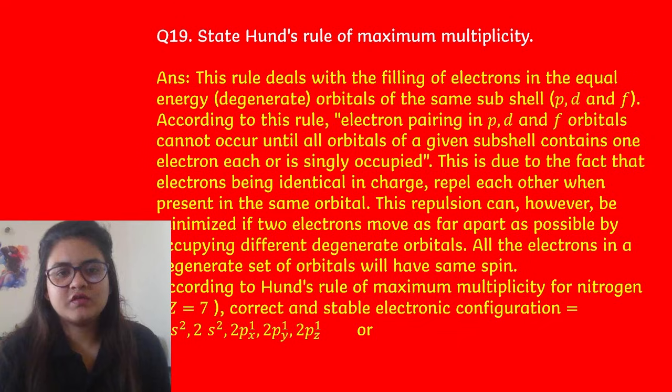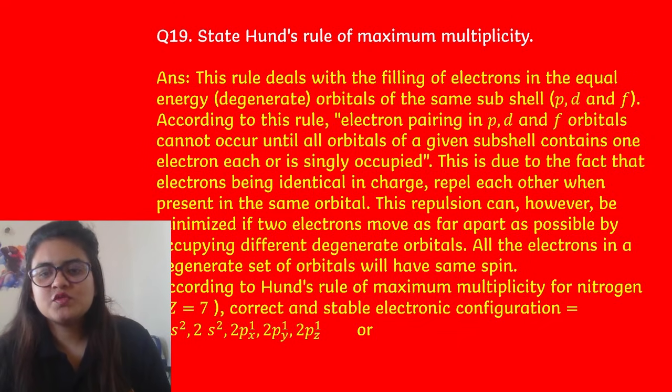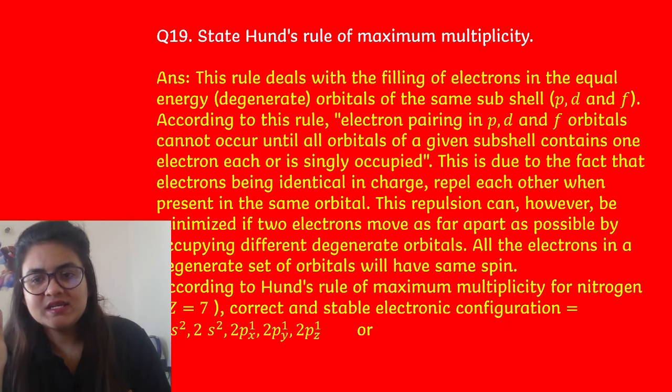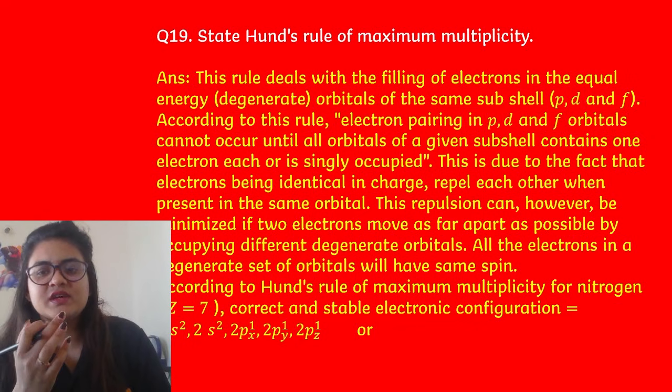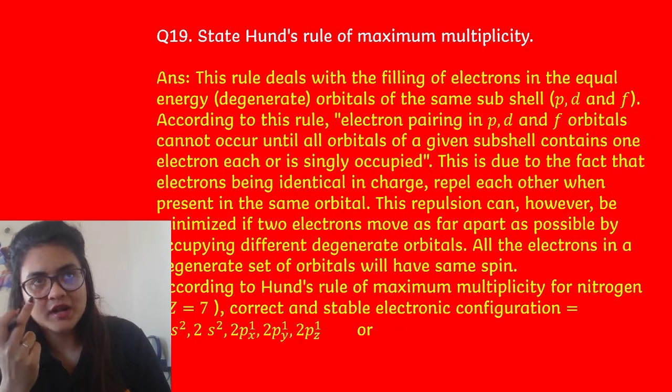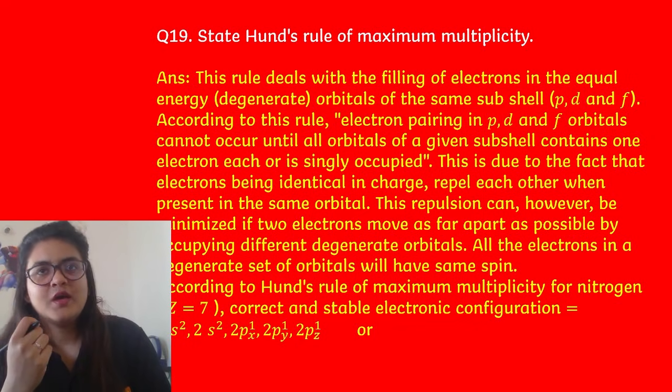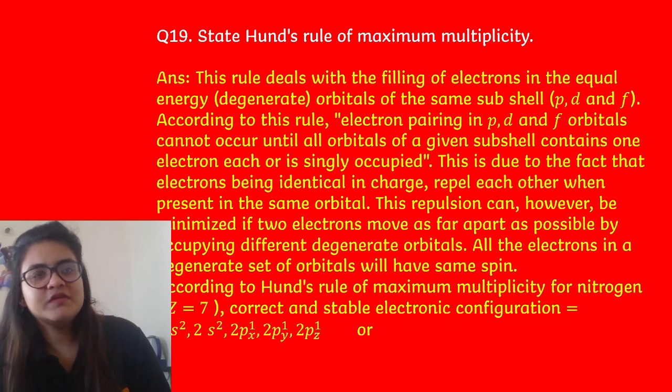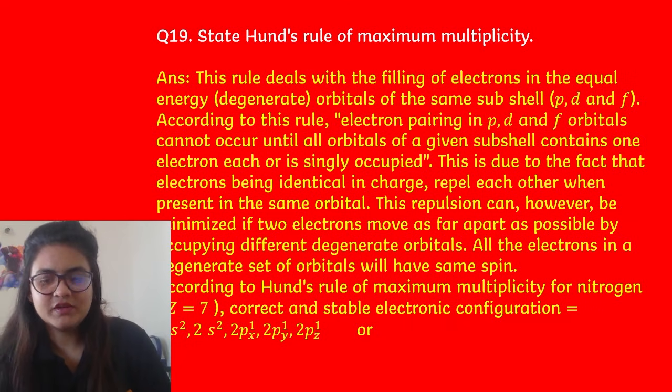Don't skip any one of them. So what is Hund's rule suggesting? It's related to electron pairing. Electron pairing in p, d and f orbitals cannot occur until all the orbitals of a given subshell contain at least one electron each. One electron will be given to each orbital and then the pairing will take place.